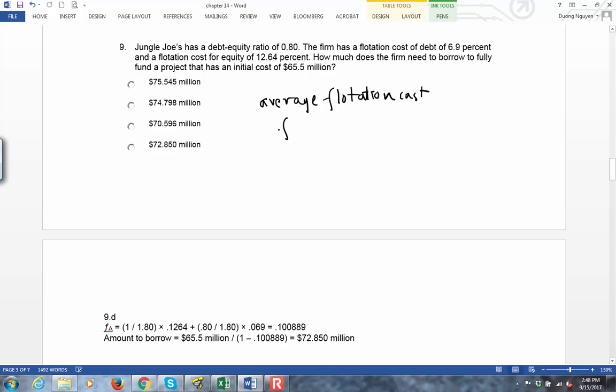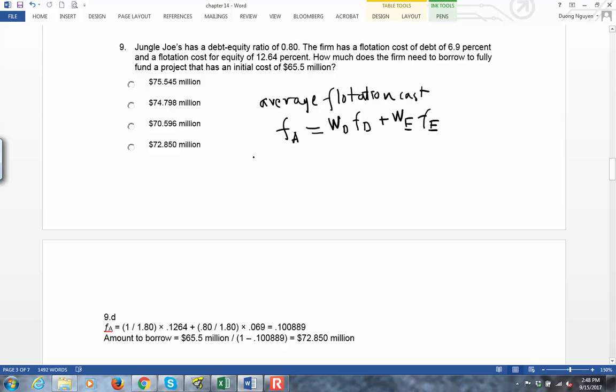Okay, this is the average flotation cost, equal to the weight of debt times the flotation cost for debt, which is WD times FD, plus WE times FE.